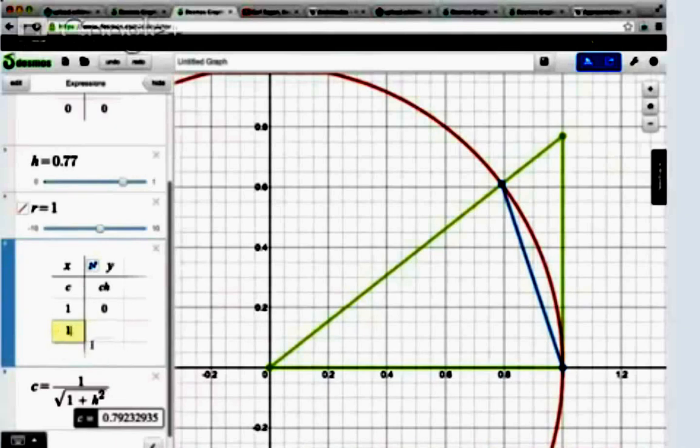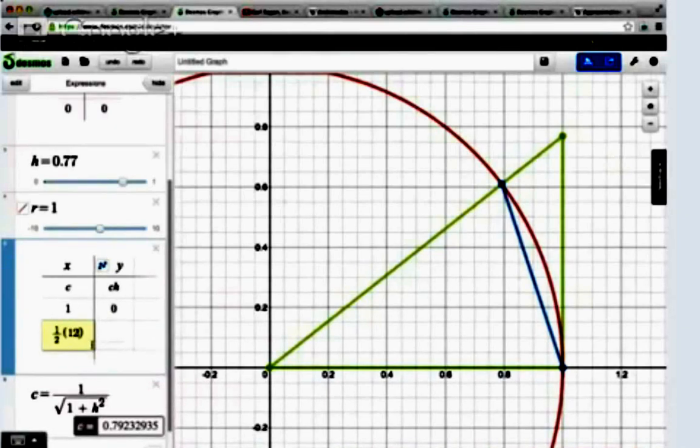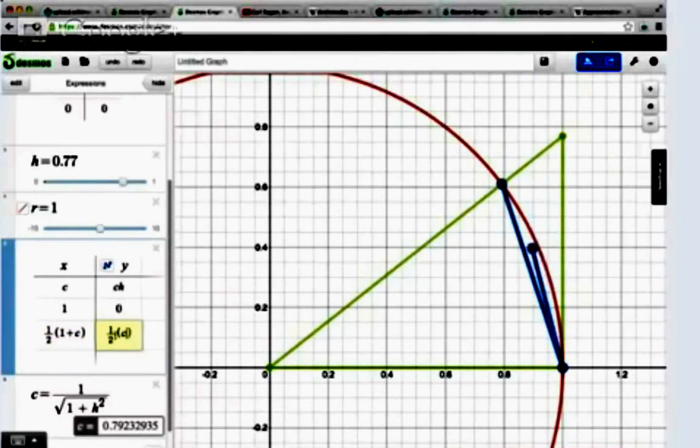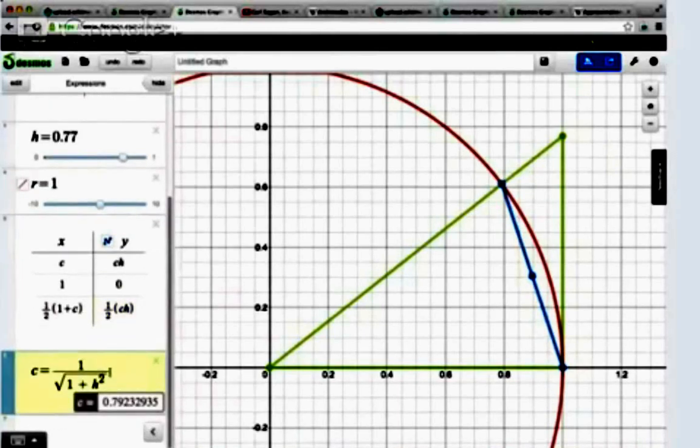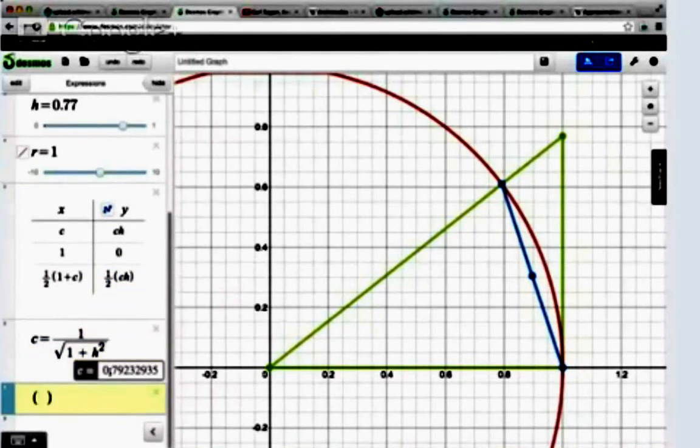So it's going to be a half times 1 plus c, and a half times ch. All right, so there's a line on our chord, and I'm going to show you one more trick for drawing lines with Desmos.